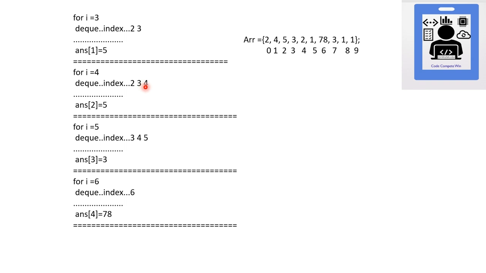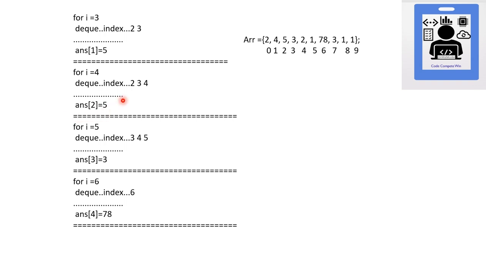We see that the value present at the back is 3 and the value at the ith index is 2, so we do nothing. And we insert 4 inside our deque. And now again we store our answer.